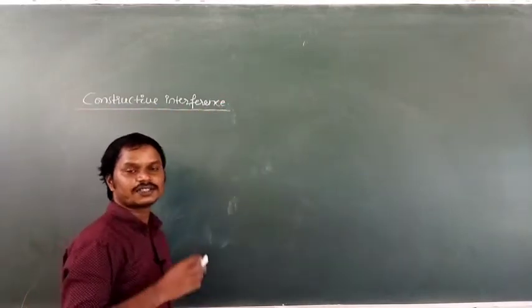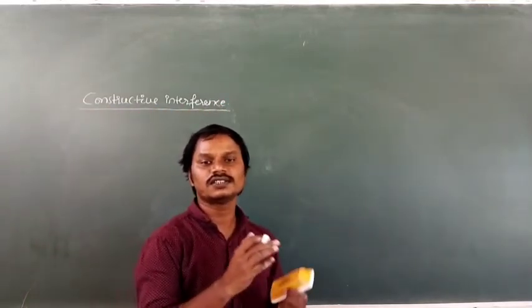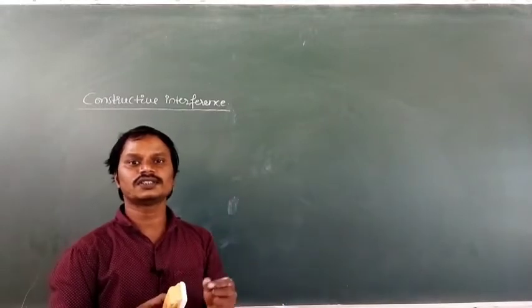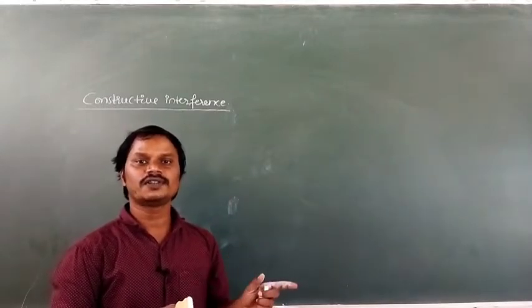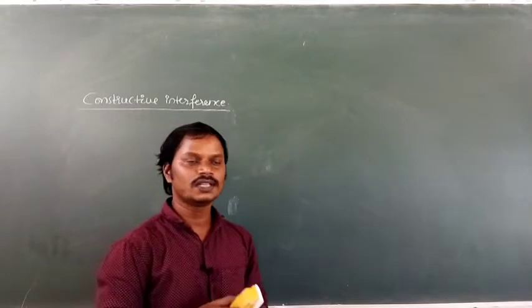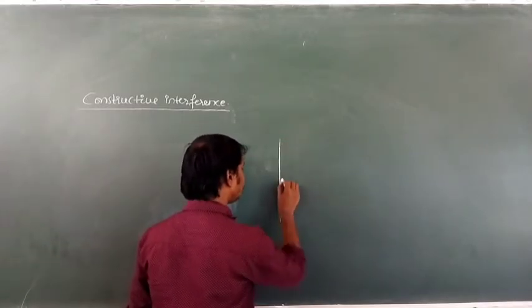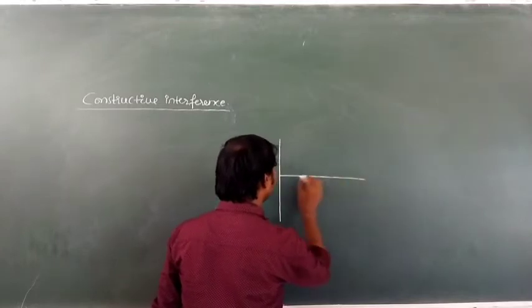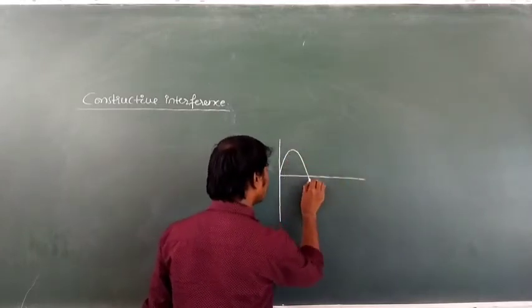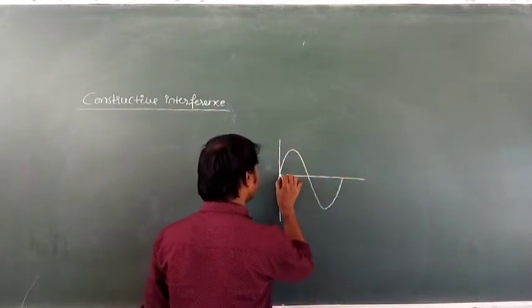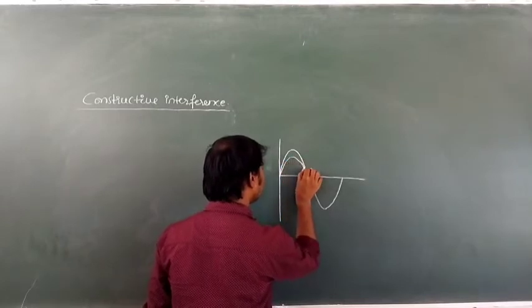In case of constructive interference, what happens? The crest of one wave falls on the crest of another wave, and the trough of one wave falls on the trough of another wave. See here, this is the first wave and this is the second wave.